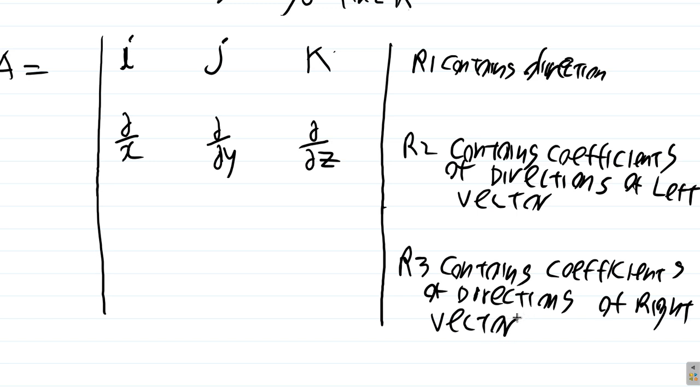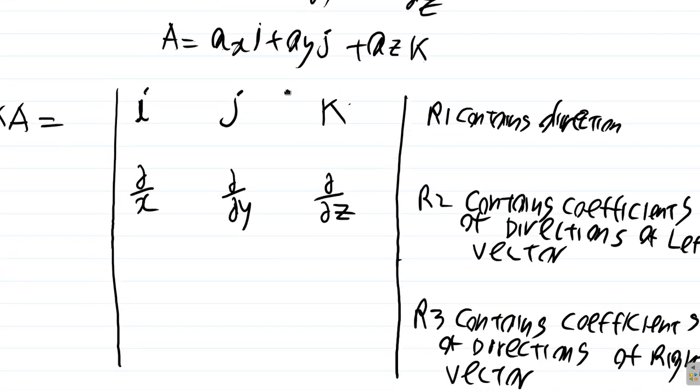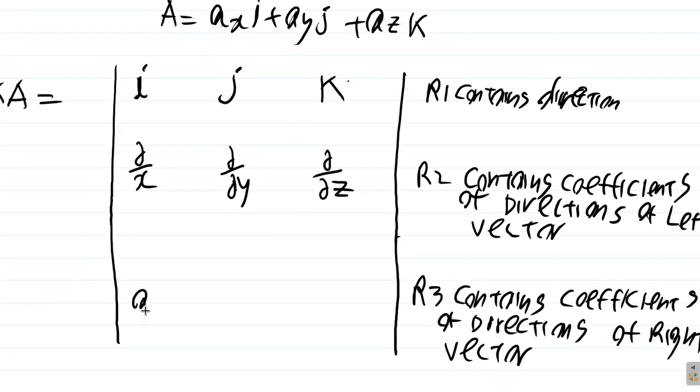So remember, the directions are the i, j, and k: i in the x direction, j in the y direction, k in the z direction. So row 2 contains whatever multiplies i, j, and k in the left vector. Row 3 contains whatever multiplies i, j, and k in the right vector. The right vector, those things are Ax, Ay, and Az.